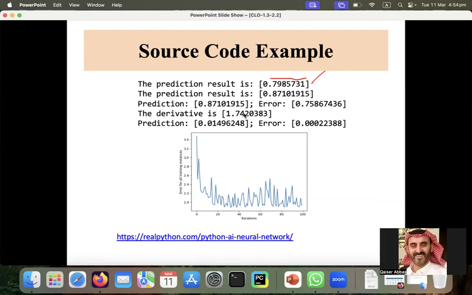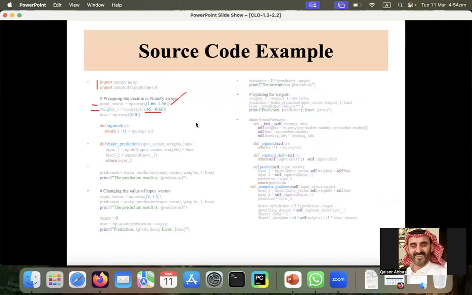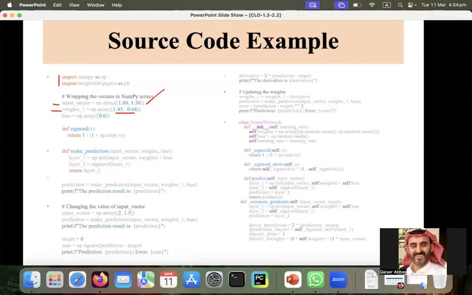Derivative is done. Now, how can I update the weights? Just one step behind. Here, weights 1 minus derivative, and you have the value updated in weight 1.